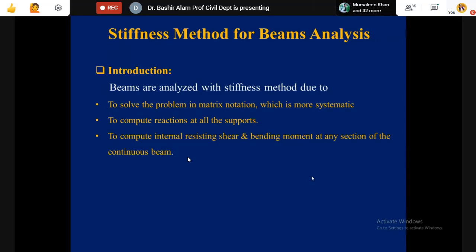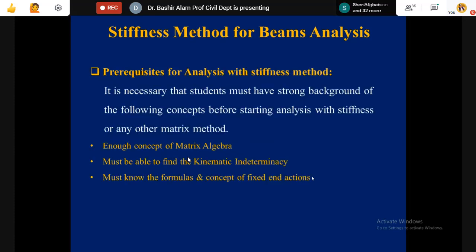You can find out the support reactions. You can find out the internal resisting shear and bending moment at any section in the continuous beam. Now, prerequisites, again: you should have enough concept of matrix algebra, must be able to find kinematic indeterminacy, and must know the formula and concept of fixed end actions.